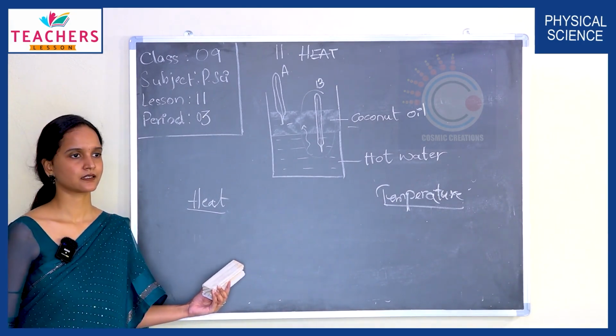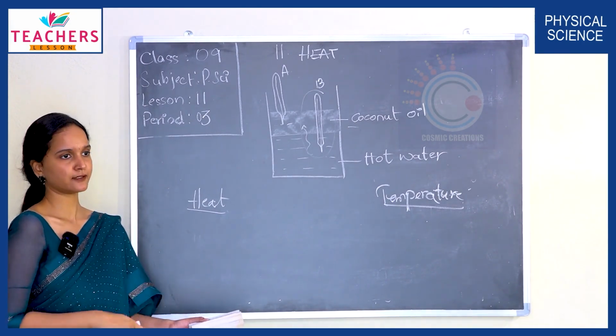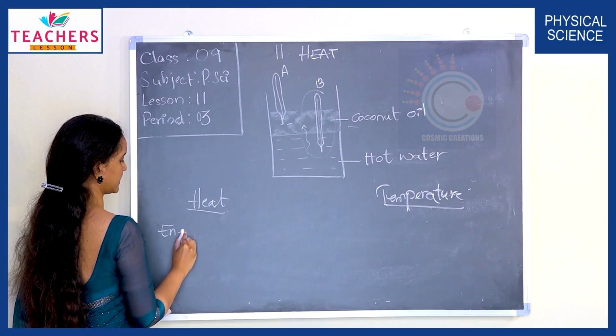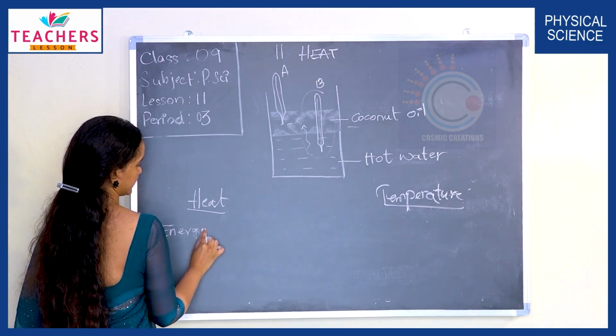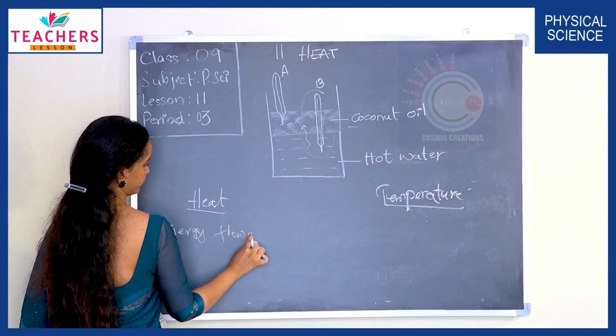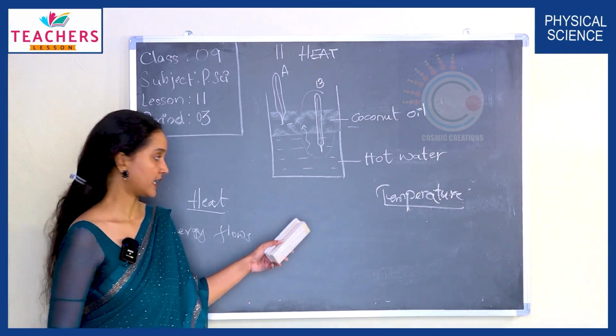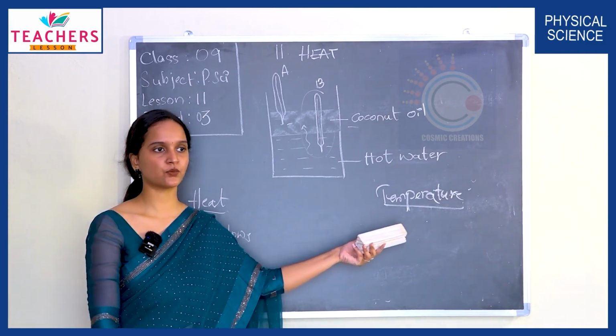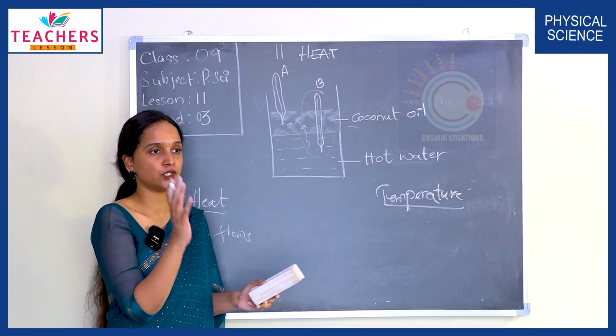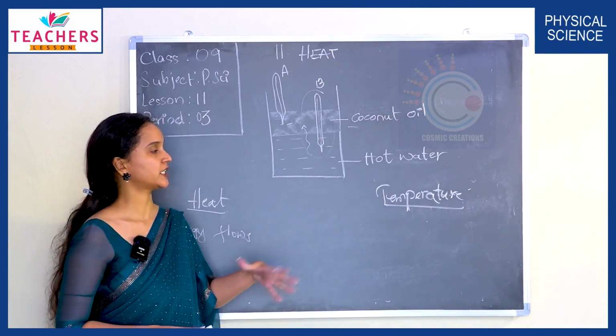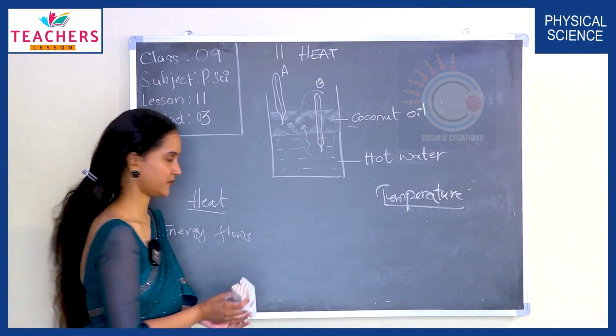So heat, it is the energy that flows, right? See, that's what is happening here. Heat is the energy which flows, whereas temperature is the quantity which denotes which object is hotter or colder.